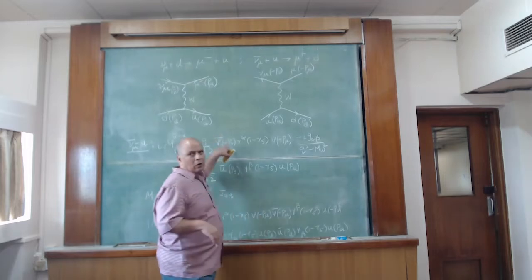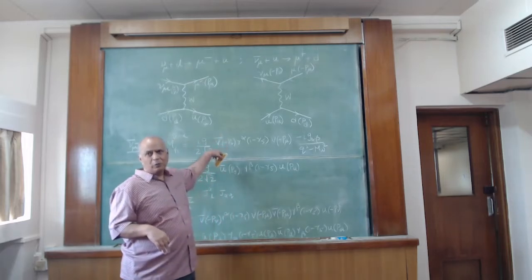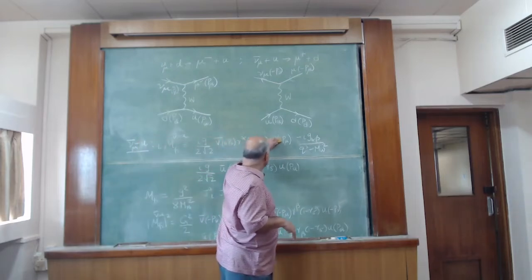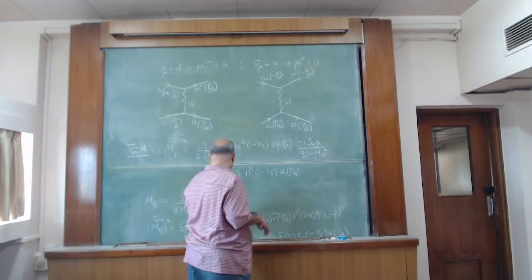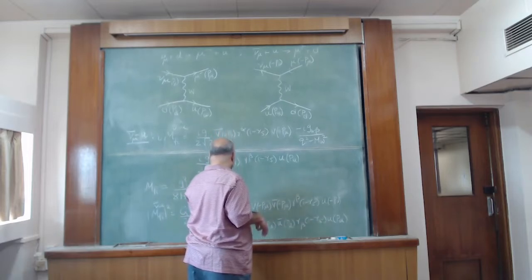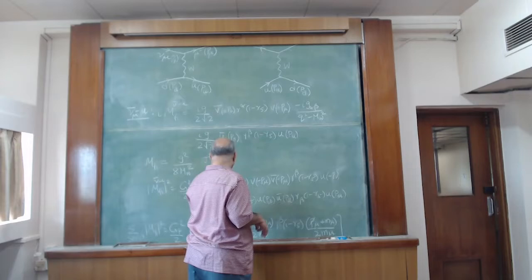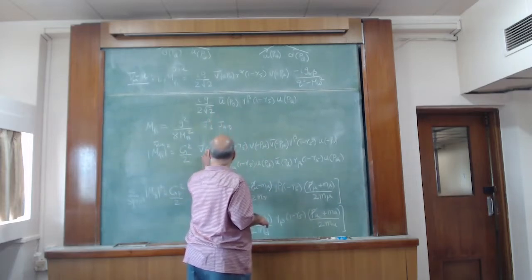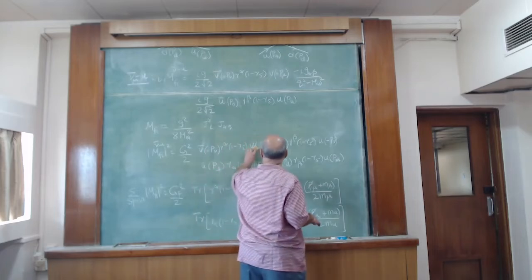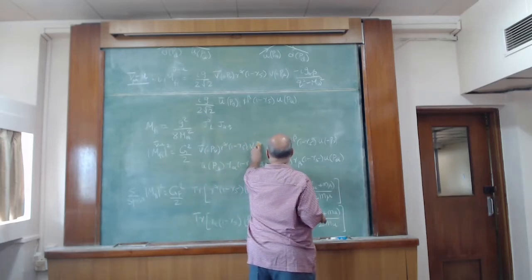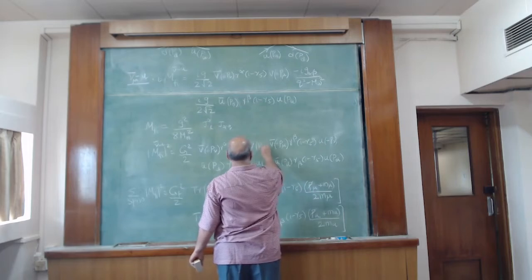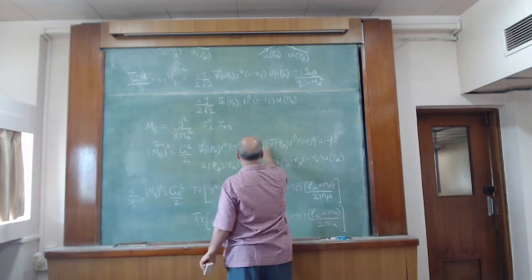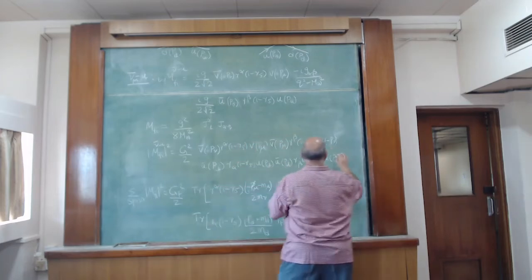Now, when I talk of antiparticle spinor, I shouldn't put the minus sign for the momentum. Sorry, that was a mistake. So this is V bar P mu.